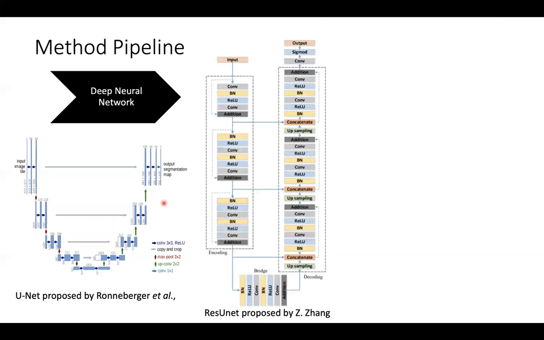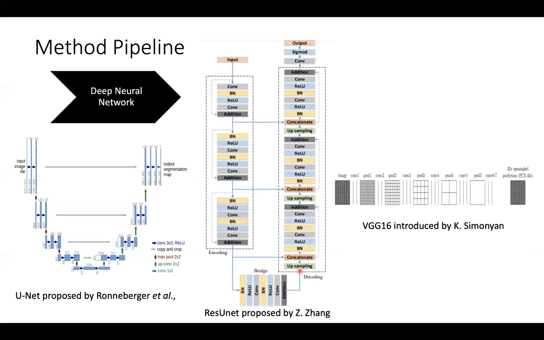In addition to the UNet, the residual unit was the second choice of neural network, where the skip connections within the residual unit facilitate more information to propagate and perform better.